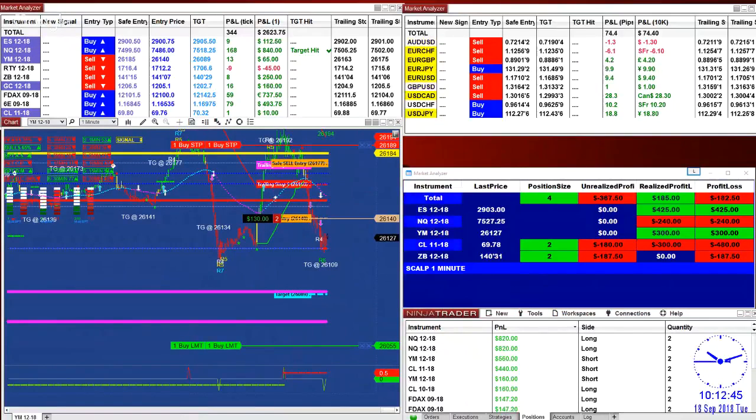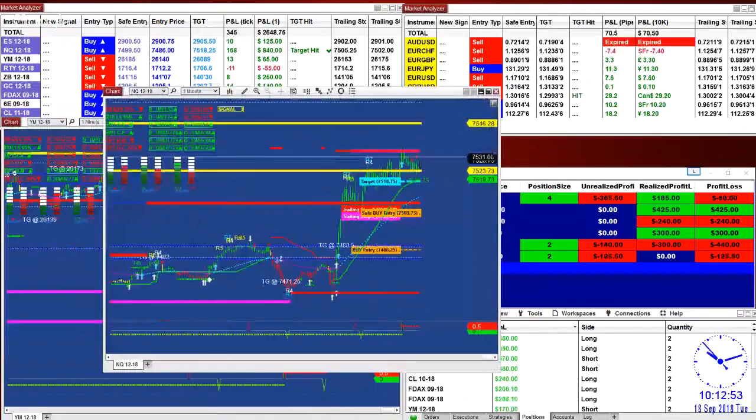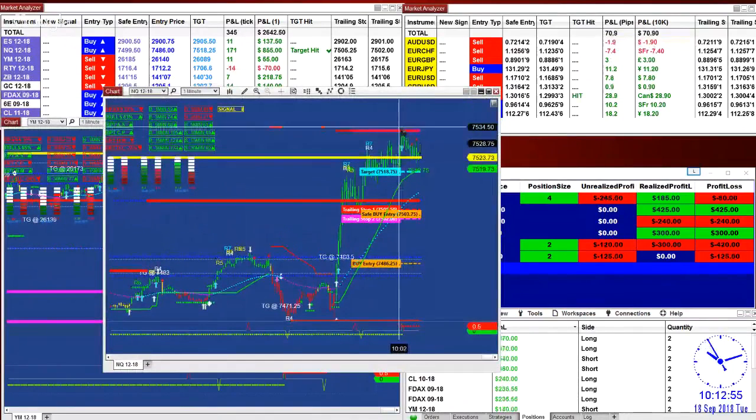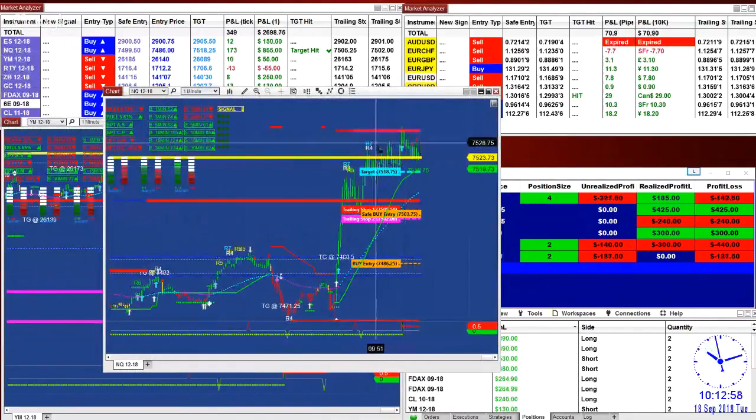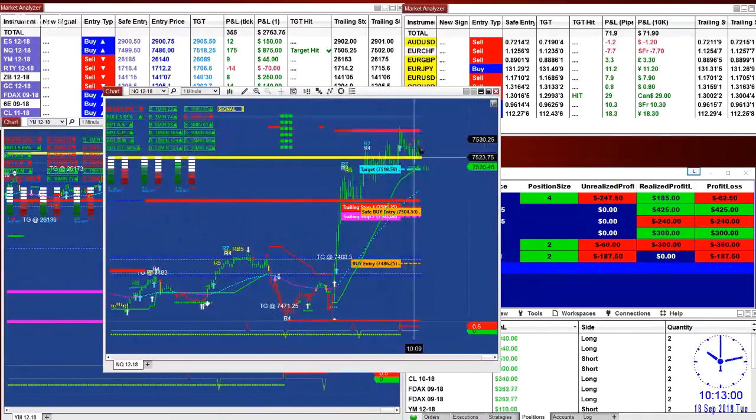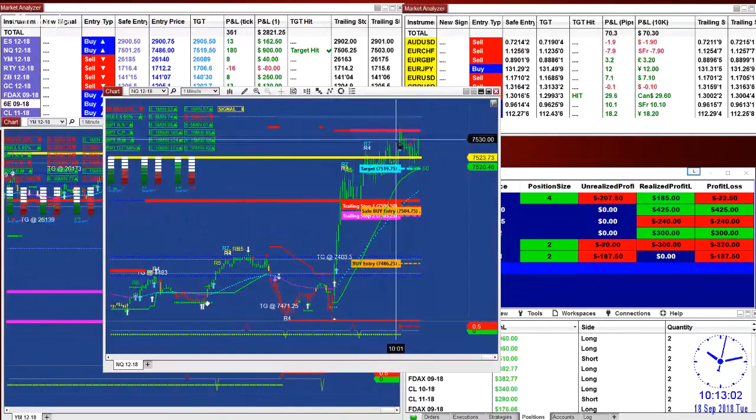A lot of times, as an example, we have the Nasdaq that already hit the target, and then it gave another couple hundred dollars in here, so it's a waste of time and money not to take advantage of it.